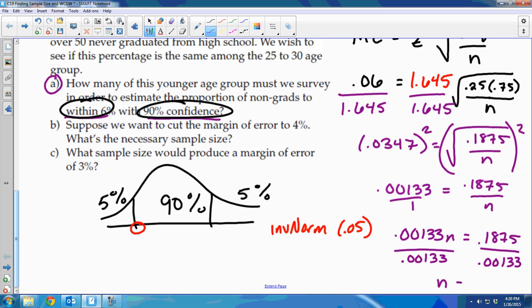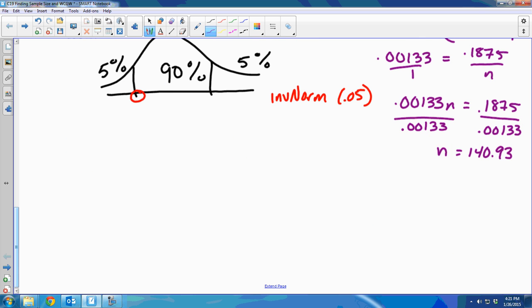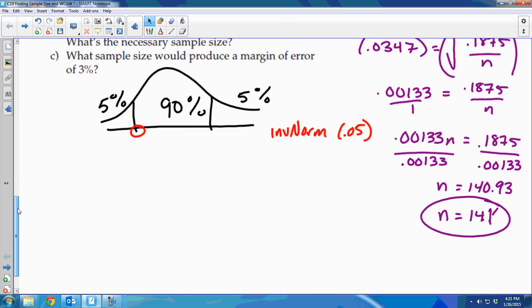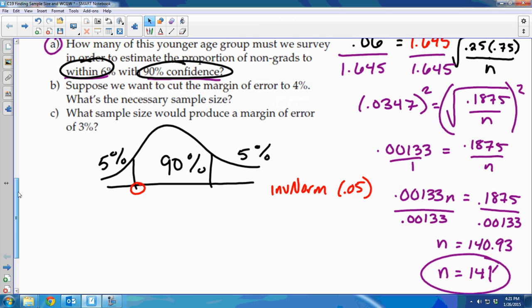And so n equals 140.93. Now, you can't survey 140.93 people. It just doesn't work. So you always round up. I'm going to survey 141 people. If you're trying to find the sample size, you use the information that you have.